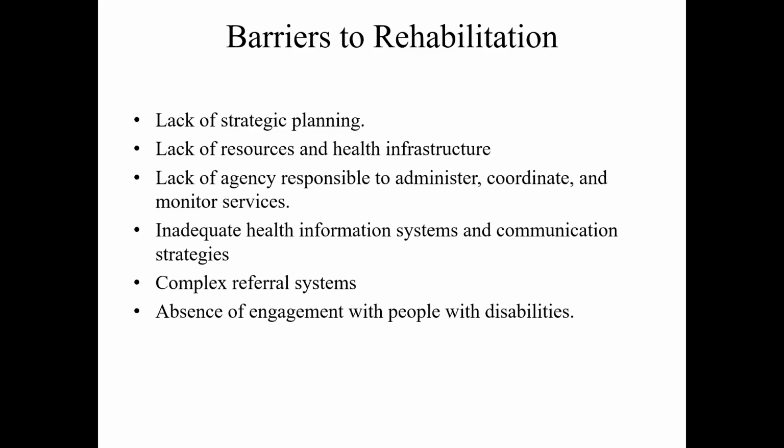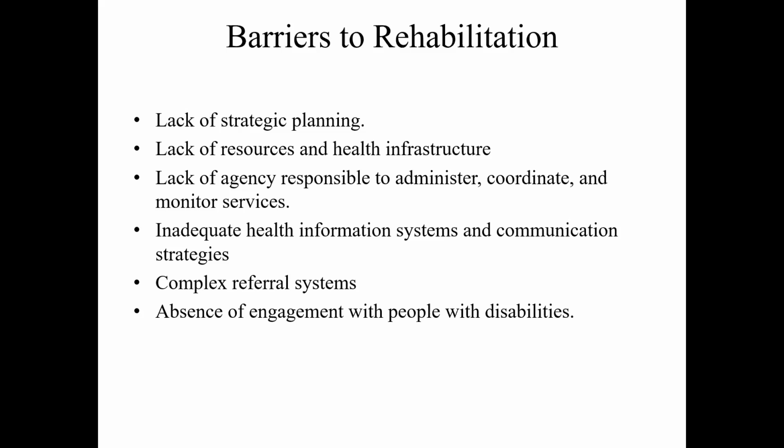Then lack of an agency responsible to administrate, coordinate, and monitor. In the community setup, you need to have people who will be able to monitor the complete longer term plans. That will be monitored by the agency. Inadequate health information system and communication strategies, complex referral system, absence of engagement with people with disability.